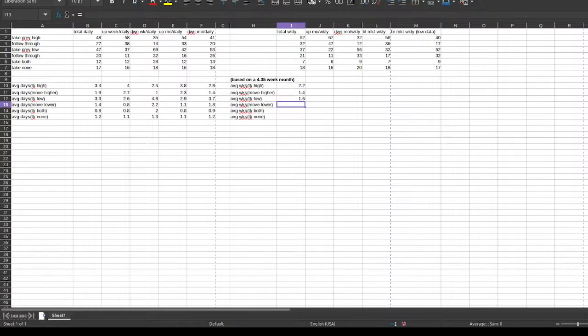Then 0.21. Then 0.9, so it's going to be a 0.9.